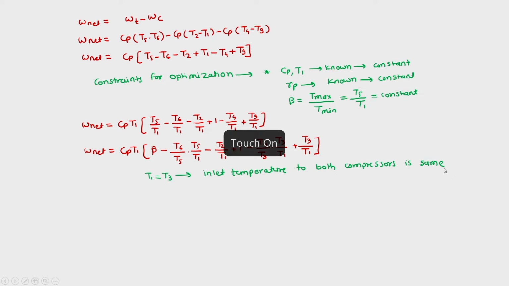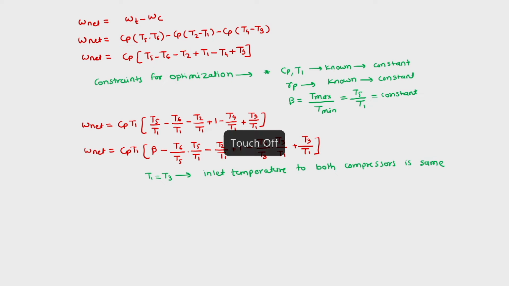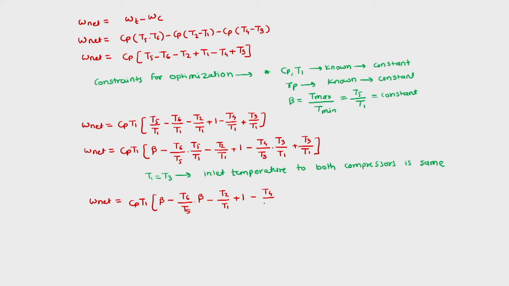So having said this, we can go ahead with the next step, and we can write down W net is equal to Cp T1 (beta minus T6 by T5 into beta minus T2 by T1 plus 1 minus T4 by T3 into T3 by T1, which is 1, so plus 1).